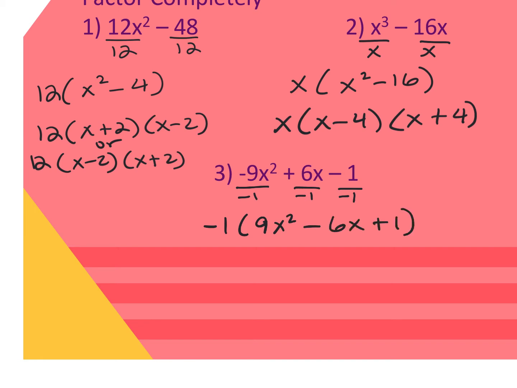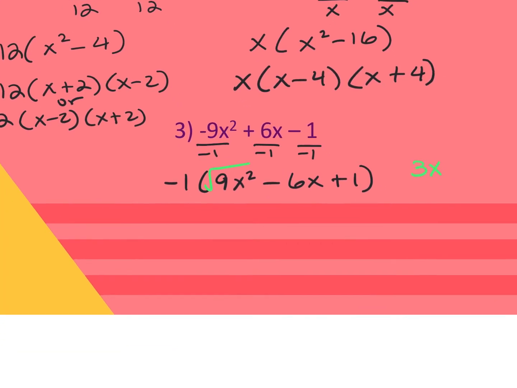Now what remains is a perfect square trinomial. So if you catch that, then you can just square root the 9x squared, and that gives you 3x. Square root of the 1 gives you 1. And remember, double it and make sure it gives you the middle.